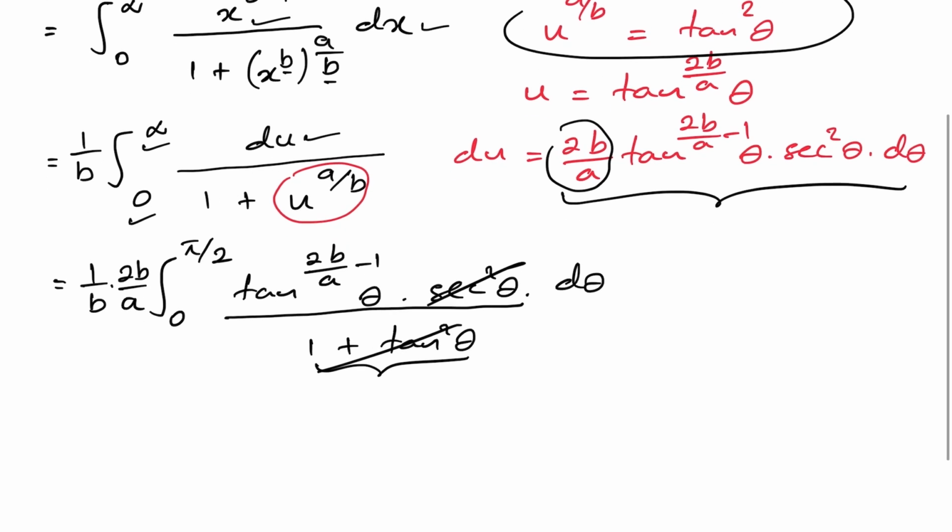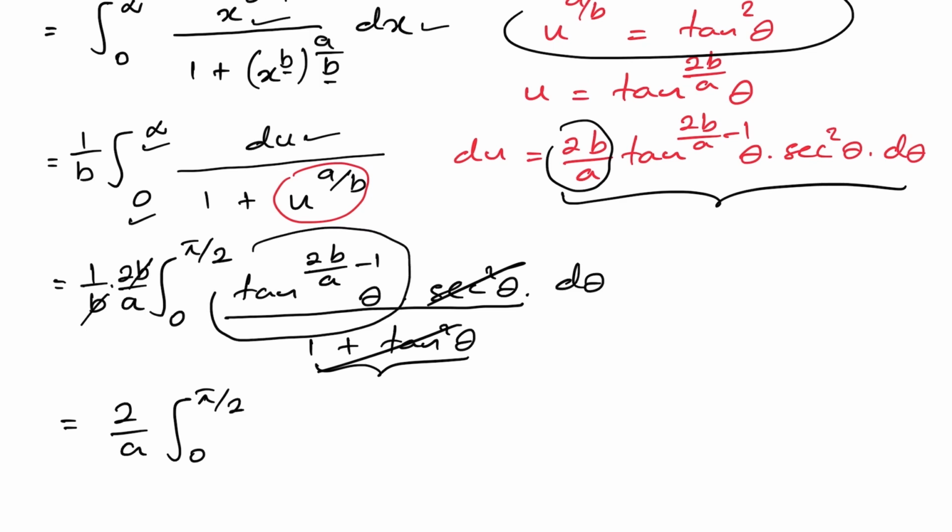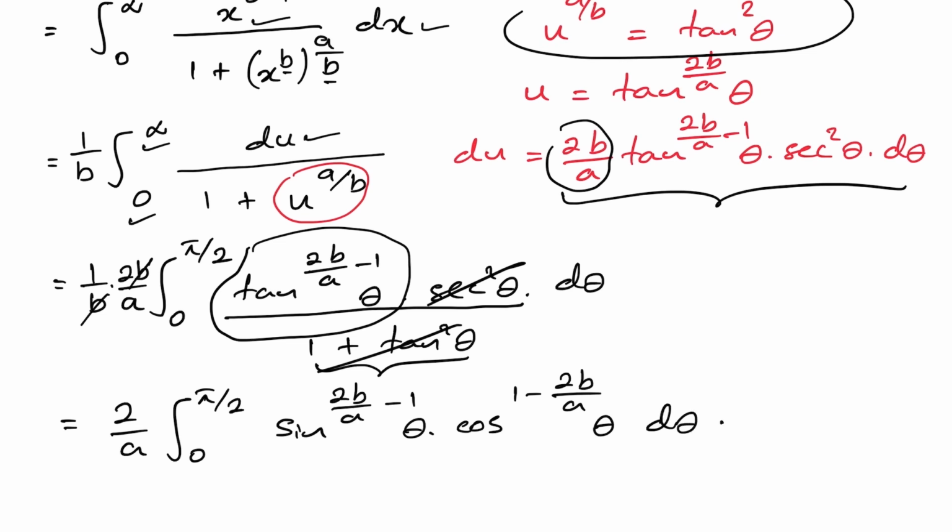Now this b also gets cancelled, so we have 2 over a times the integral from 0 to pi over 2. We can represent tan by using sine and cosine: sine raised to the 2b over a minus 1 of theta, and cosine raised to the 1 minus 2b over a of theta, d theta.